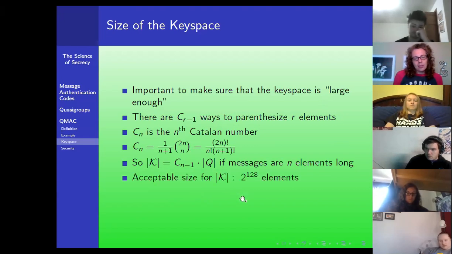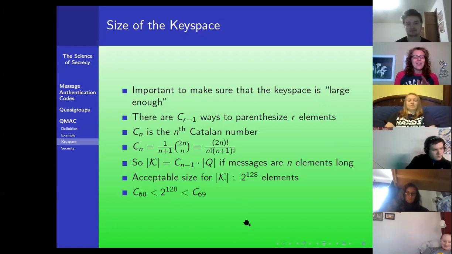This is old, so I didn't update this. I didn't look now at what the acceptable size for a key space is. I don't want to tell you how long I've been out of grad school. This is 15 years old, so it's probably not up to date, but the acceptable size for a key space used to be 2 to the 128th elements. It turns out that C sub 68 and C sub 69 bracket that.